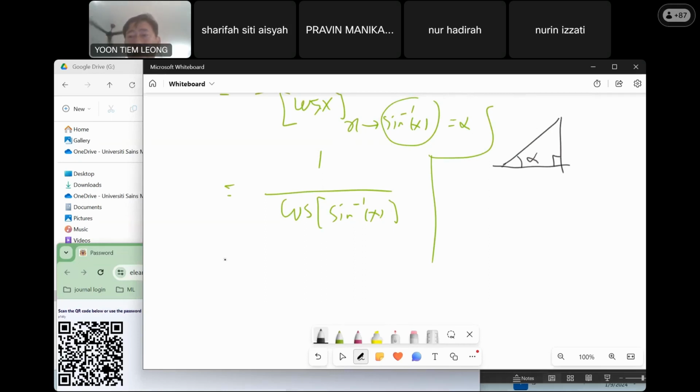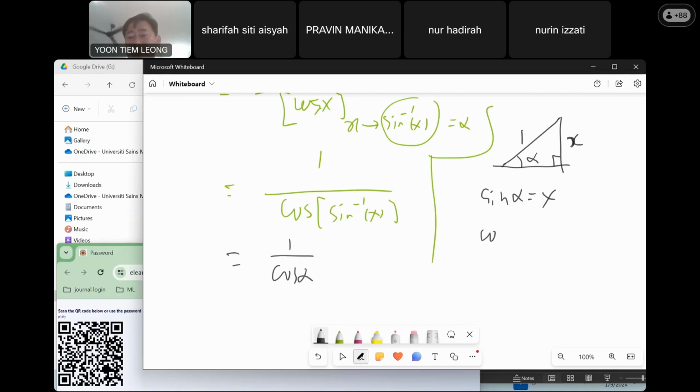So you label the alpha, then sine alpha equals x is translated into labeling the opposite as x and the hypotenuse as 1. That is the translation of arcsine of x equals alpha into the right triangle. Once you have done that, what we are looking for is an expression of cos alpha.